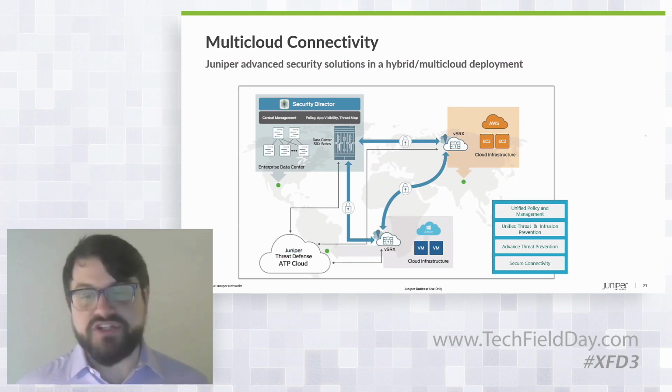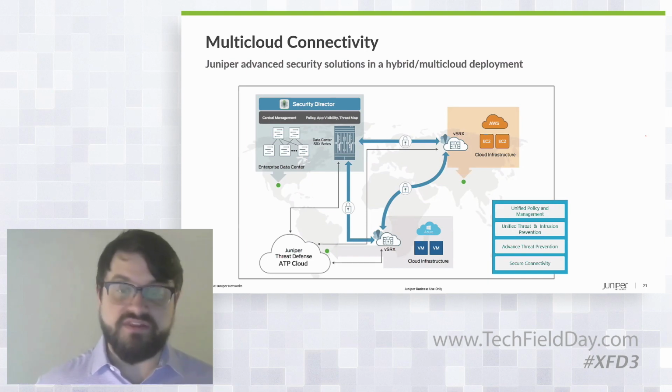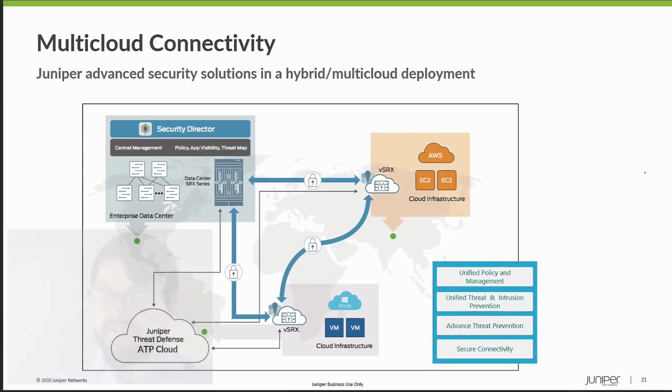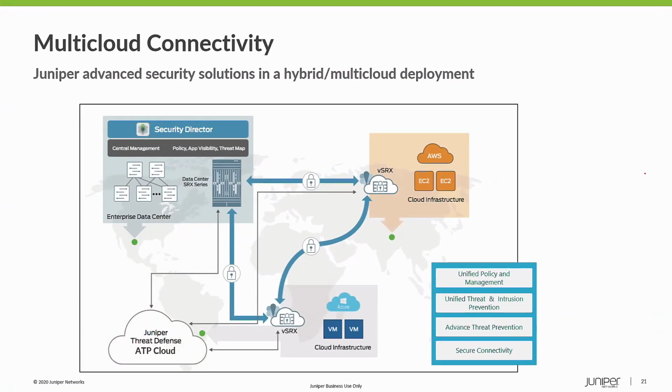We don't want our engineers to have to relearn everything, to learn the AWS model, the Azure model, the Google Cloud model. What we propose instead is to use our virtual firewall, the vSRX, which is currently available in AWS, Azure, and Google Cloud, to act as the security endpoint for our cloud resources. So this can simplify things for enterprises that are trying to move to the cloud.